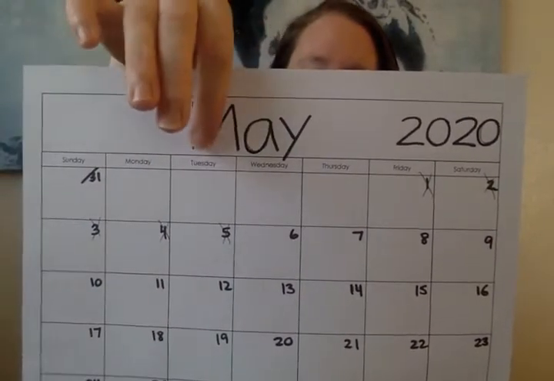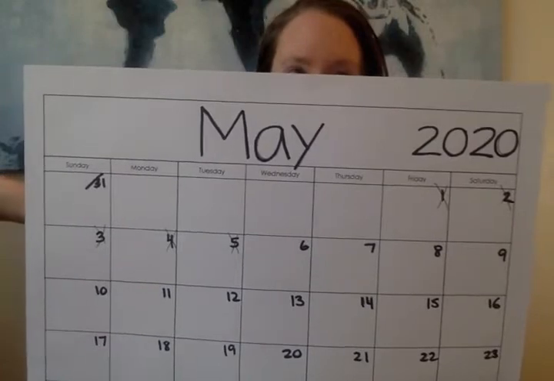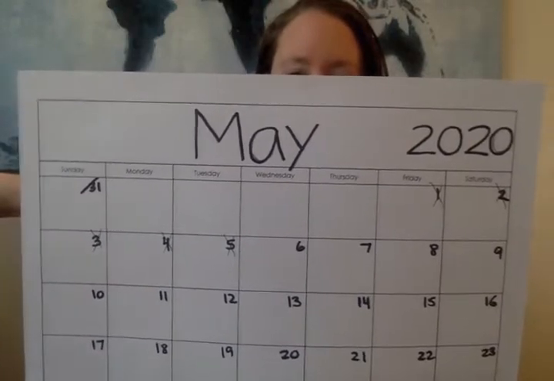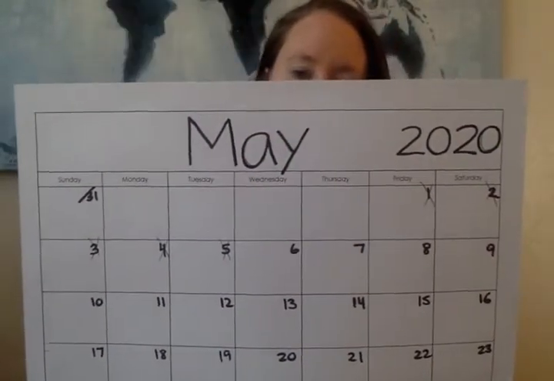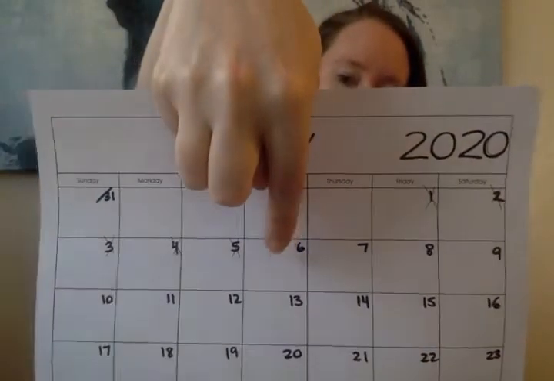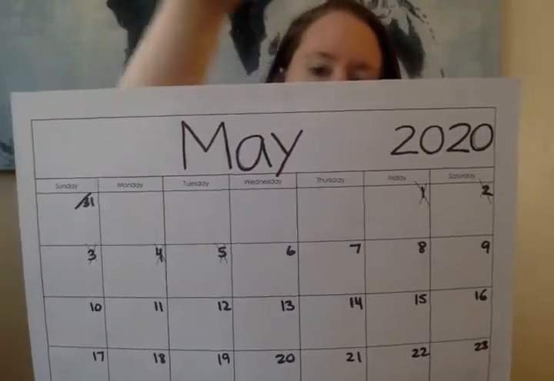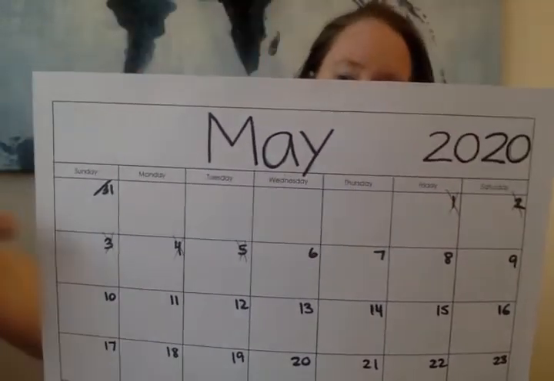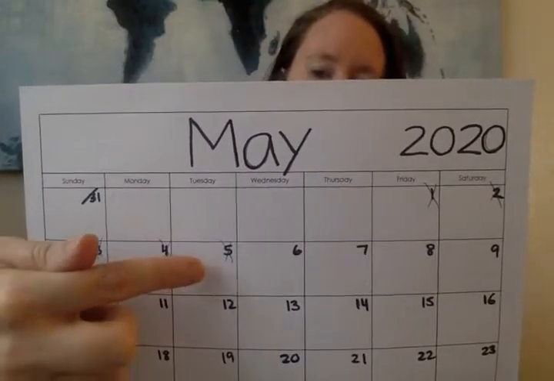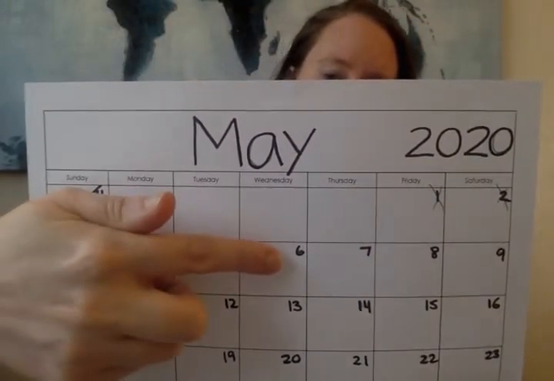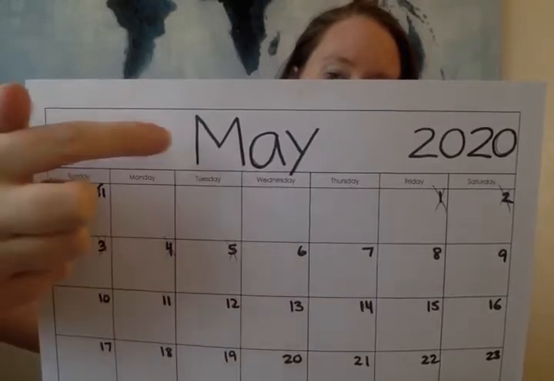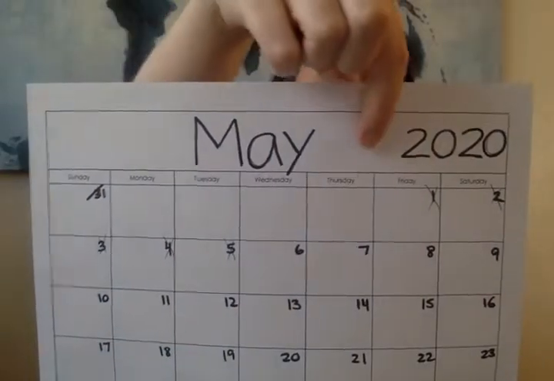Sunday, Monday, Tuesday, what comes after Tuesday? Wednesday. Okay, today's Wednesday, and we're going to count to the 6th, okay? You ready? 1, 2, 3, 4, 5, and today is 6. Today is Wednesday, May 6, 2020.